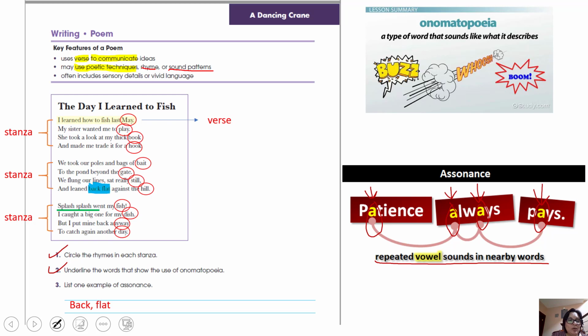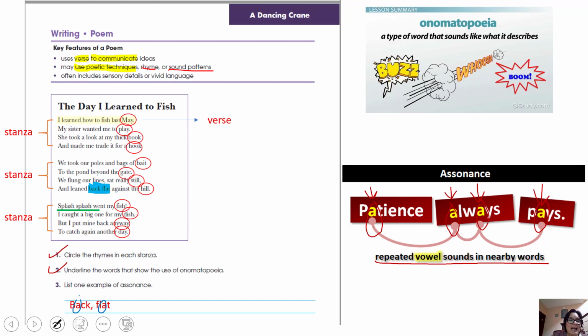A. It doesn't mean that it is only A. It can be another one. It can be O or E or I. It doesn't matter. U. But here we have A, with the same example. A and A. And back and flat in the poem are very close to each other. So that's why, remember, assonance is to repeat the same vowel sound in words that are very near, or close.